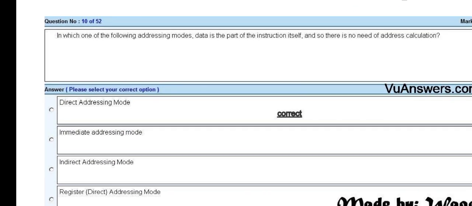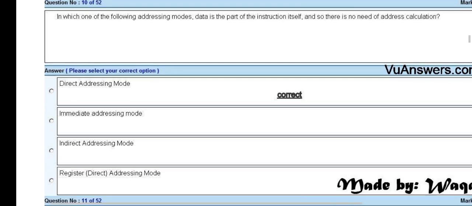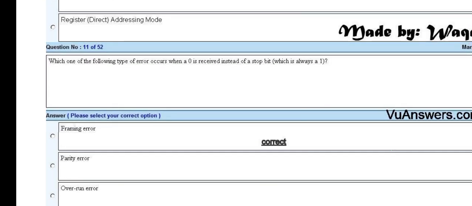In which one of the following addressing modes is data a part of the instruction itself, so there is no need of address calculation? Direct addressing mode.